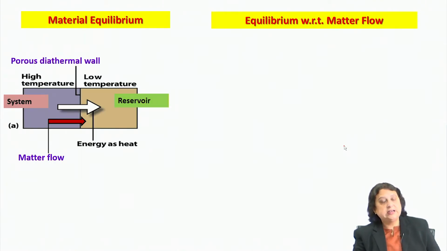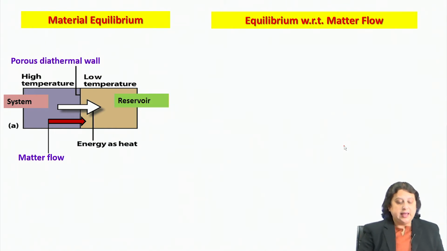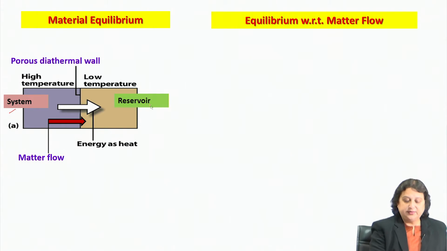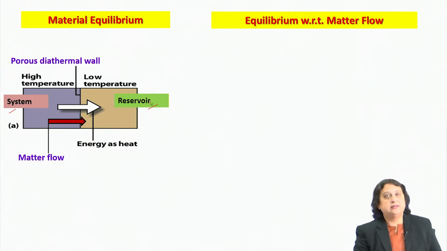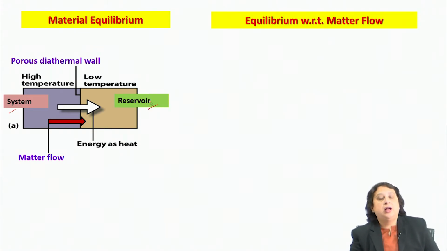Now, here is a typical experimental setup where I am going to look at matter flow. So, what do I have here? Here, I have the system and the reservoir in combination as an isolated setup.